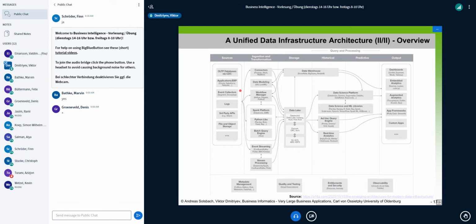The first one on top is OLTP, so transactional databases, and CDC, change data capture. Then you have ERP systems, then events from processes, which are also transactional data. Then you may have logs to analyze, then some third-party APIs that you would like to integrate, like weather data or whatever, then some file storage and so on and so forth. These are your sources.